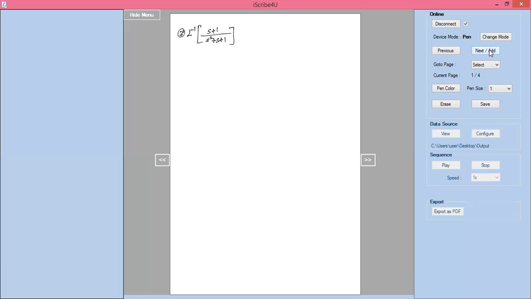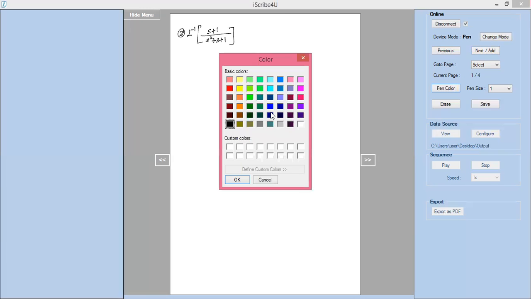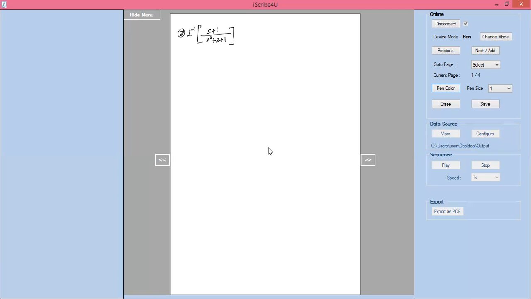Right, this is the given thing. Here, how do you simplify this? The solution is L inverse of s plus 1 divided by s square plus s plus 1. Here the denominator is s square plus s plus 1.